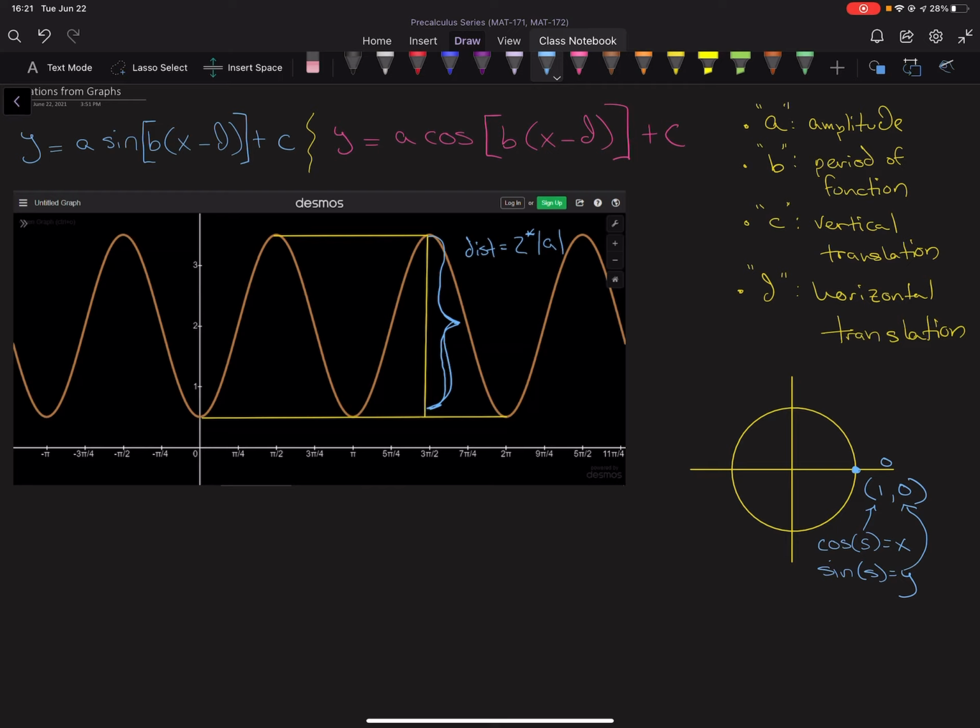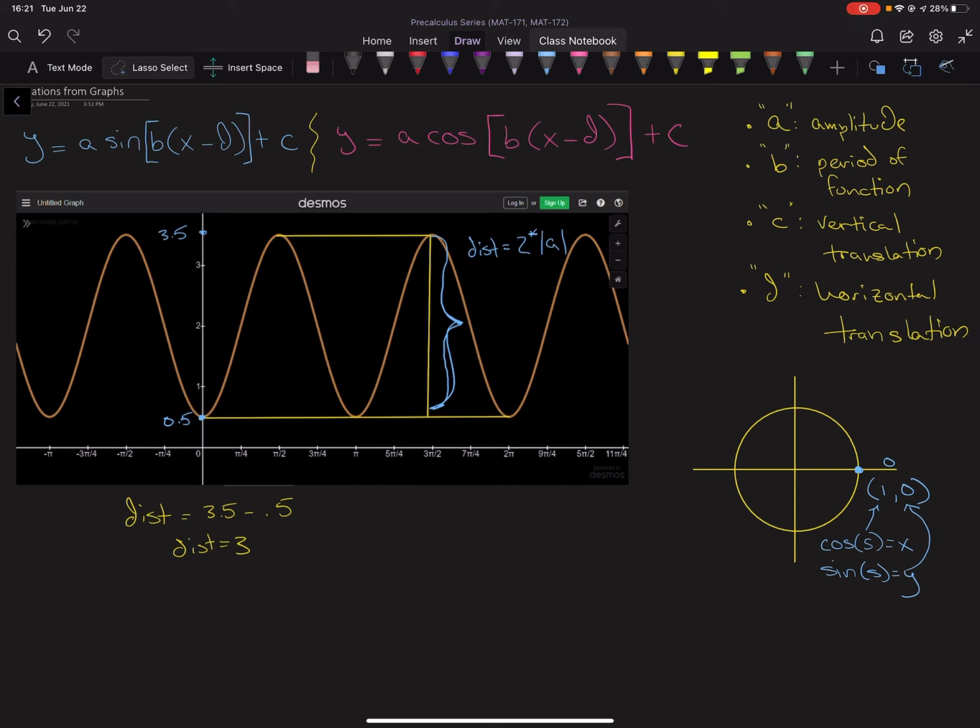Well, this height here corresponds to 3.5, and this point there corresponds to 0.5. So then this distance would be equal to 3.5 minus 0.5, or it's a distance of 3. All right, so we can find our A.